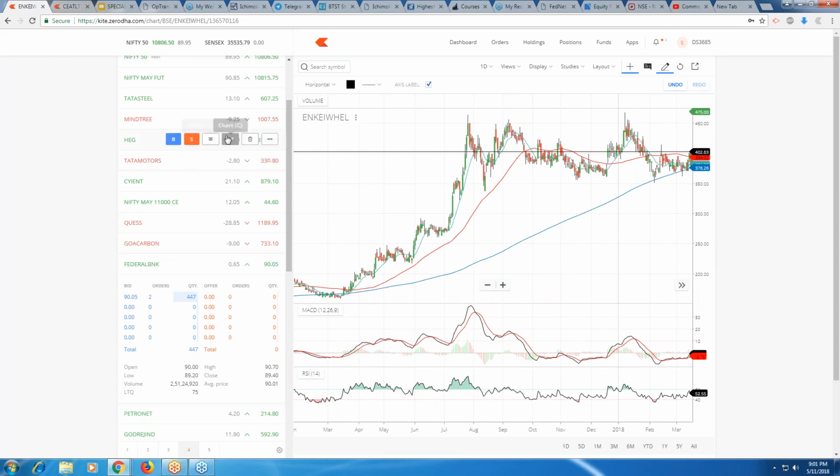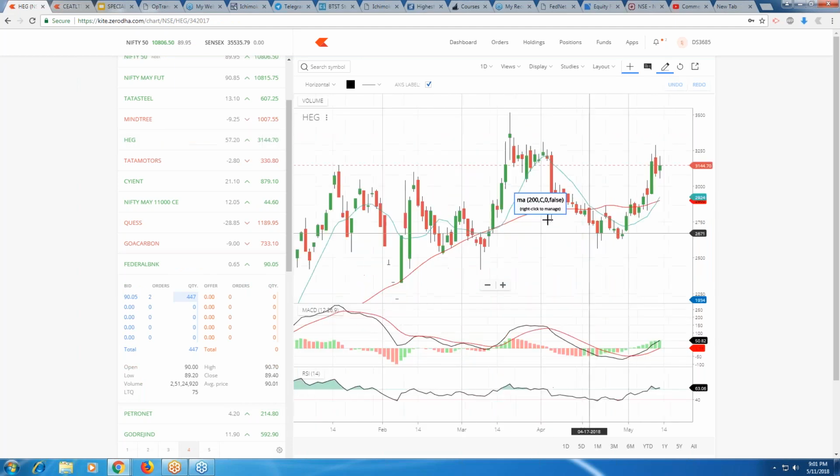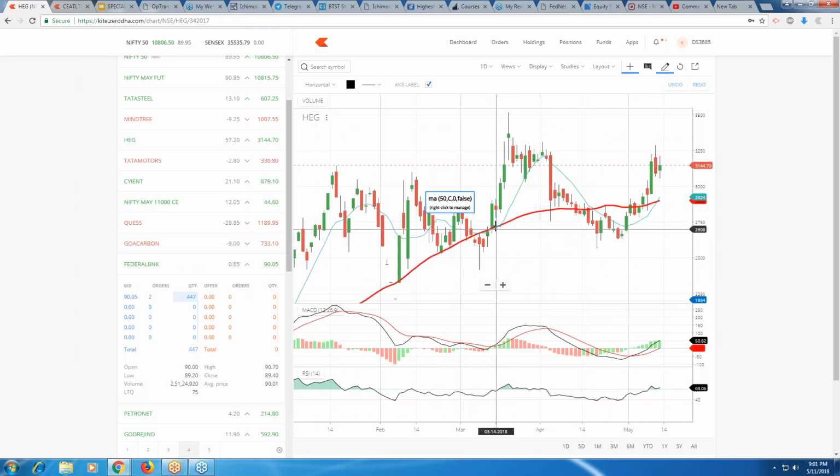See here, I showed you, I entered at 2827, and in 3 days it touched 3,500. It gave me 40% return. This is the power of the trade of support.